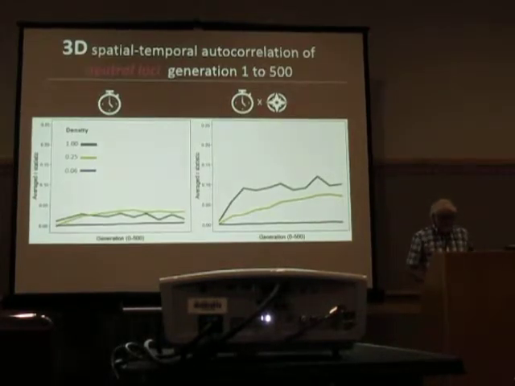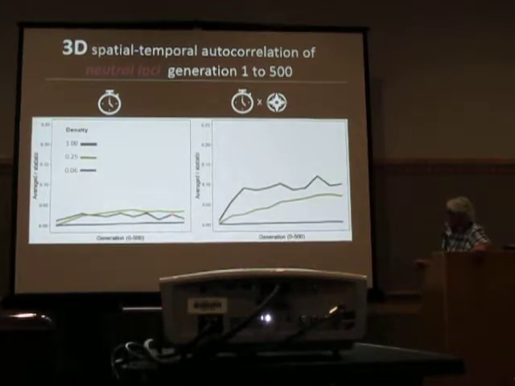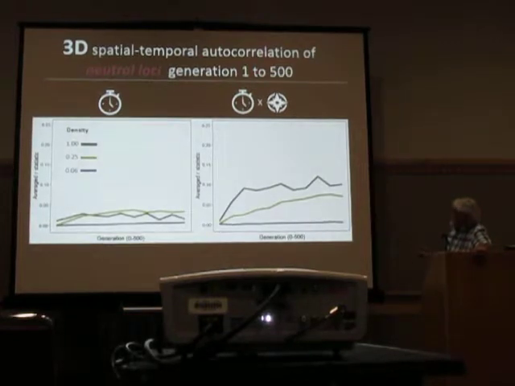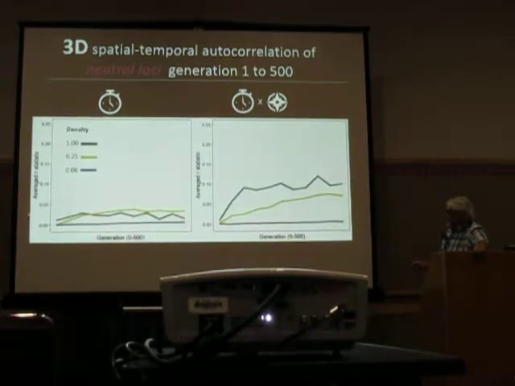And what we do find is that over the course of 500 generations, if you look at these neutral loci, their spatial autocorrelation is low, and doesn't increase much over 500 generations.